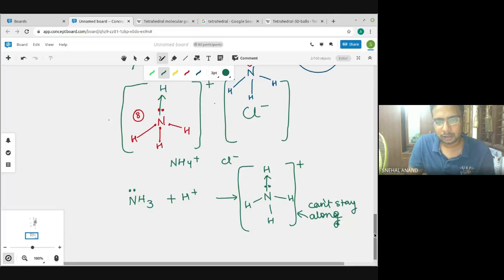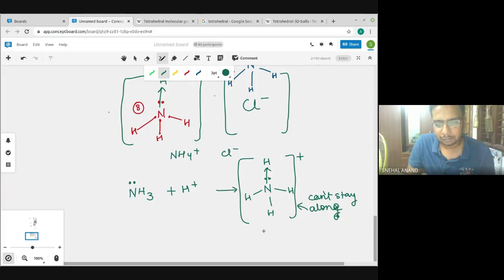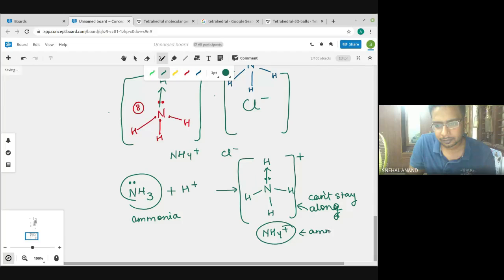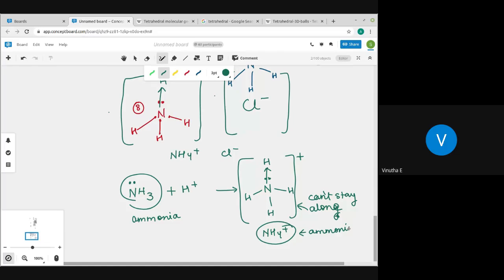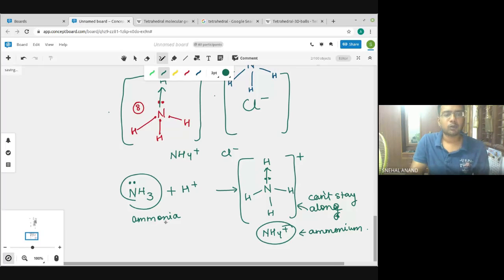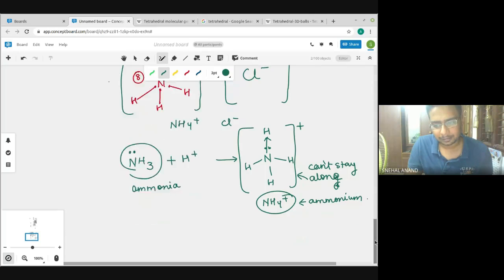So I think you understood how ammonium, which is NH4 plus, is formed from ammonia. Correct? This is ammonia, and this is ammonium. Ammonium is a cation, while ammonia is a molecule. Anyone has a doubt about it can ask me here.